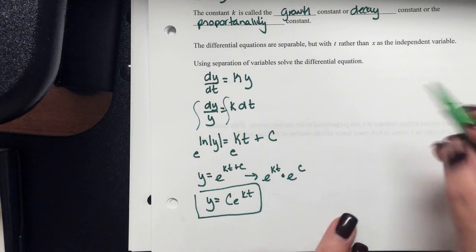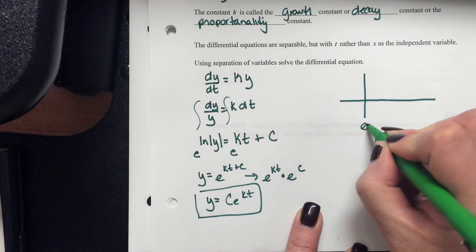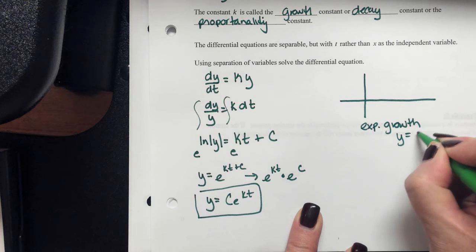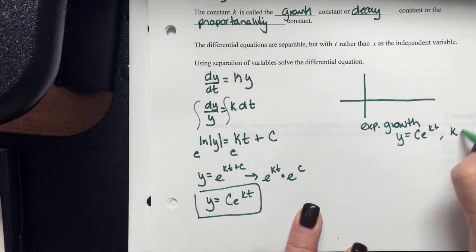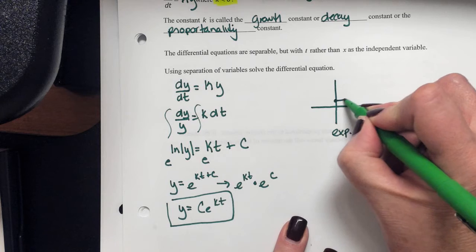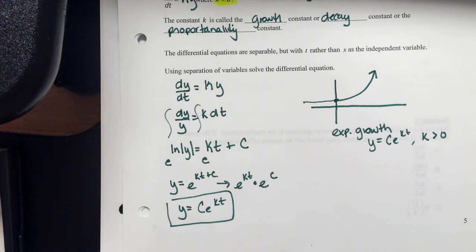Remember, graphically, when you're dealing with an exponential growth, again, you're dealing with an equation in the form of y is equal to c times e raised to the kt, where k is greater than 0. Remember, this is what the graph of an exponential growth or decay model is going to look like.